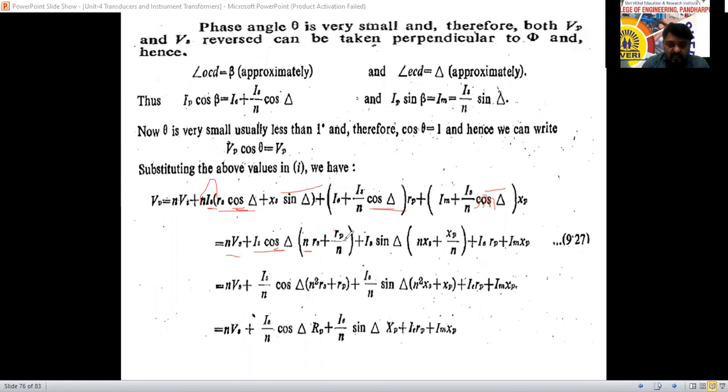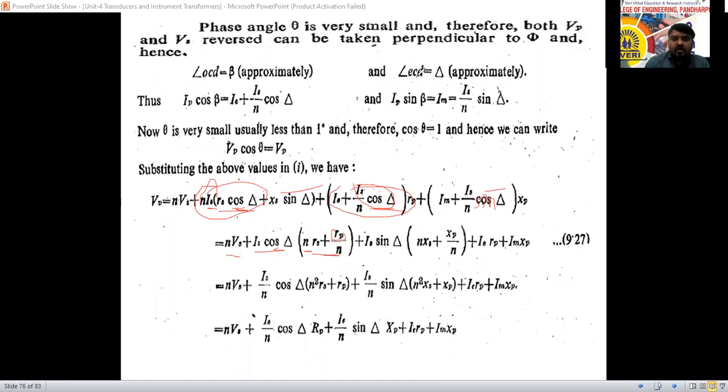So what is this one? RP. This RP we have to send inside. RP by N we are going to consider. IS already we have taken outside. So IS cos delta we are taking outside. So the term left is 1 by N into this one, which is nothing but RP by N. This one term. This complete equation, this one and this one, we have made this equation here.